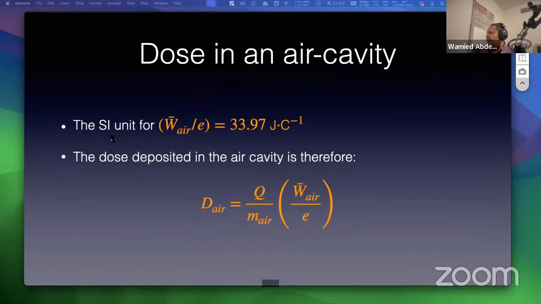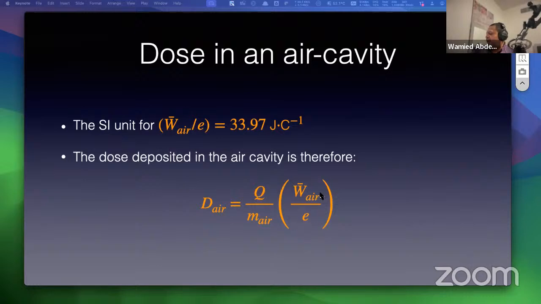For air, the SI unit for W air over e is 33.97 joules per coulomb. In other words, in order to produce 1 coulomb of ions in air, the radiation needs to deposit an energy of 33.97 joules.